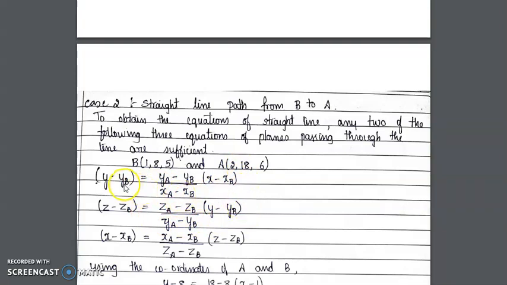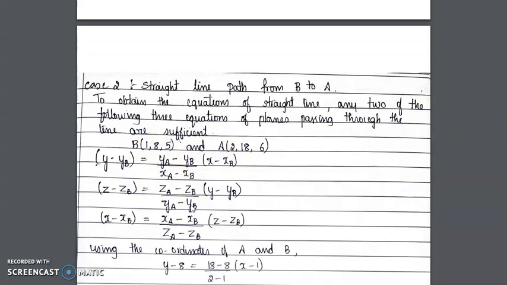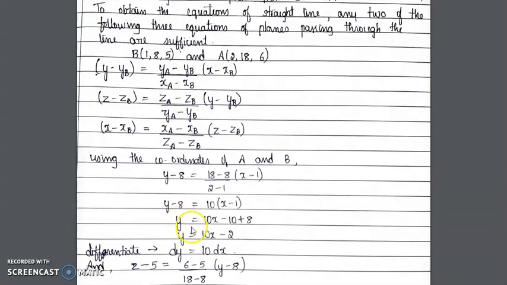So substituting yb as 8 and ya as 18, and xa as 2 and xb as 1, I will get the equation y is equal to 10x minus 2. So substituting the coordinates of A and B with respect to x and y, you will get the equation for y as 10x minus 2.